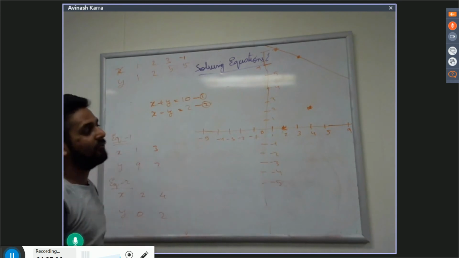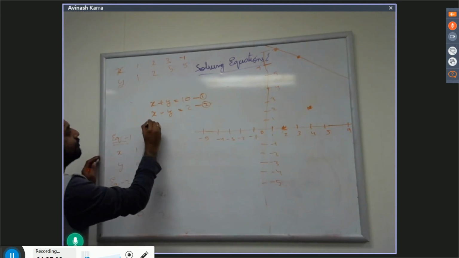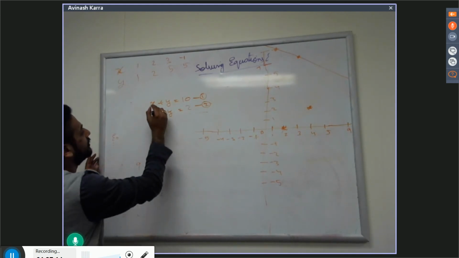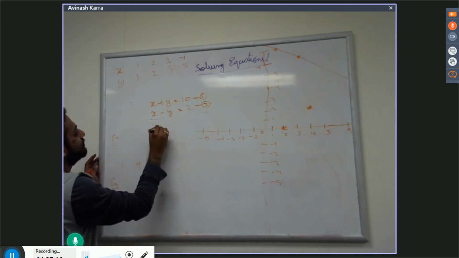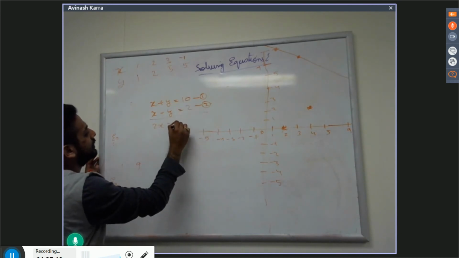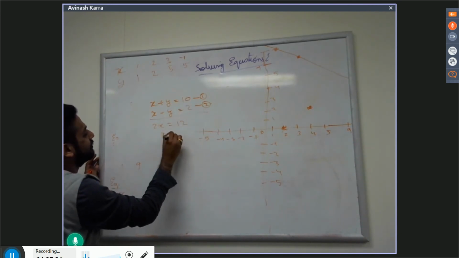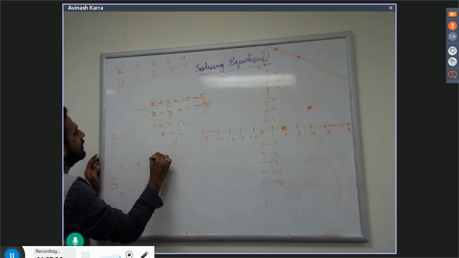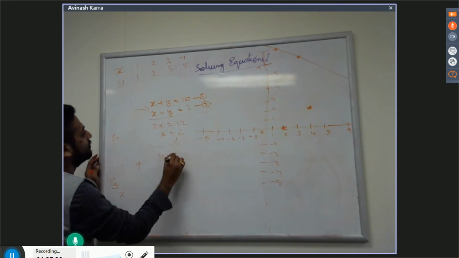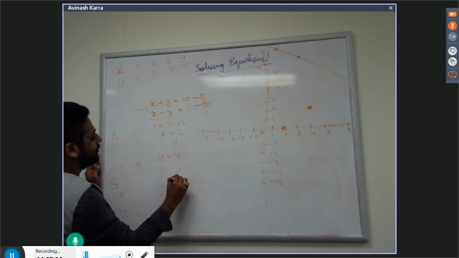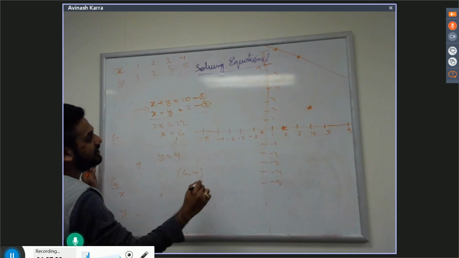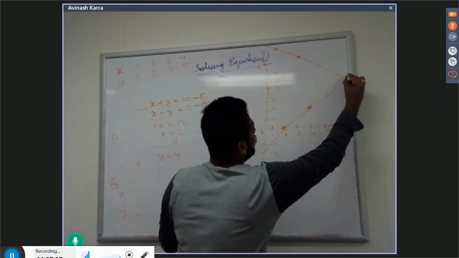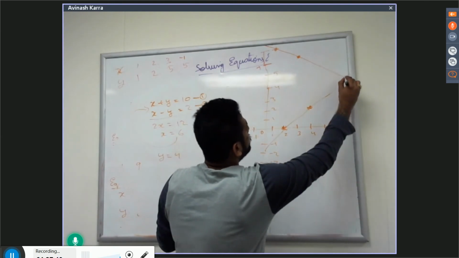And believe me, when you solve these two equations in the regular way, what do you get? When you add these two, 2x equal to 10 plus 2, 12. So x equal to 6. And when you substitute this in either equation, with x equal to 6, y equal to 4. So for sure, these two lines will meet at the point 6, 4.